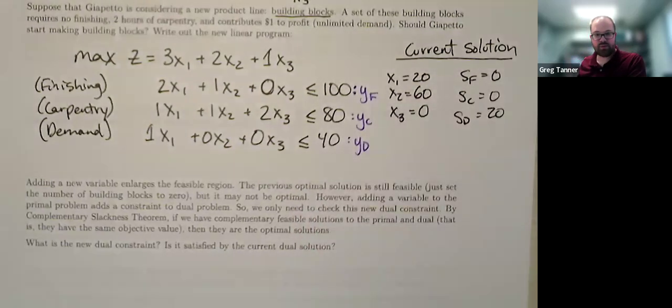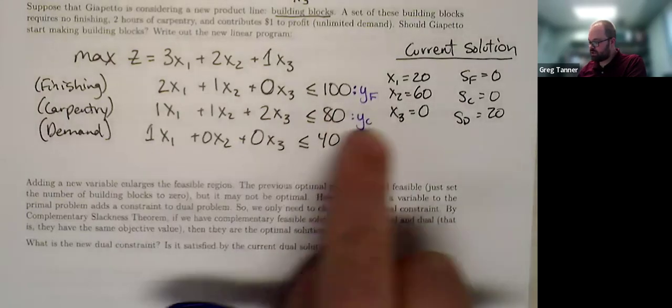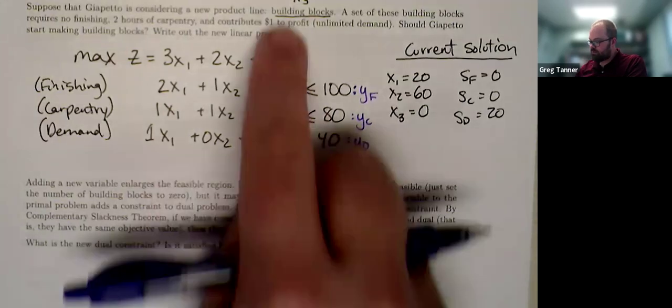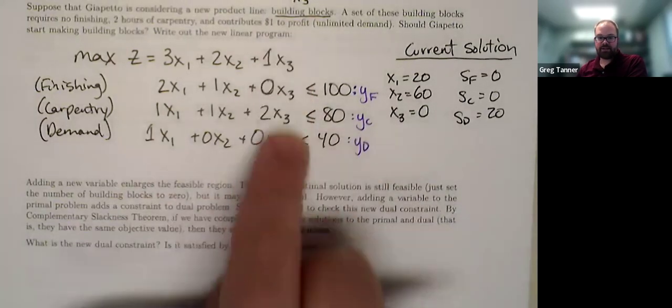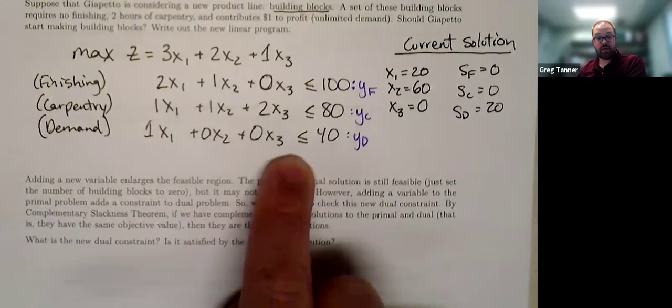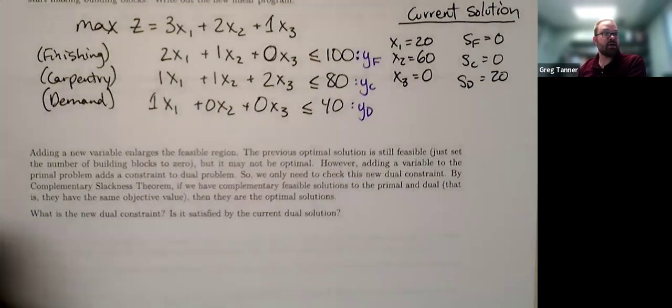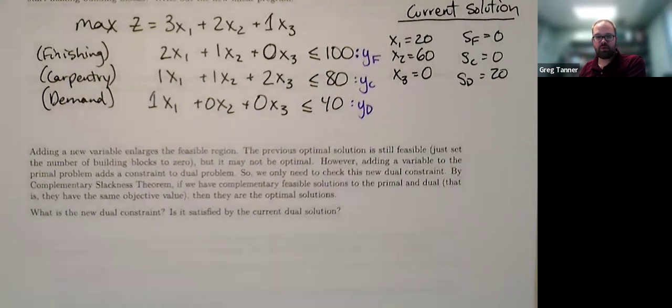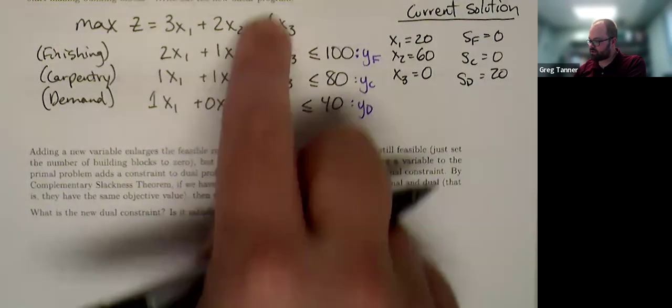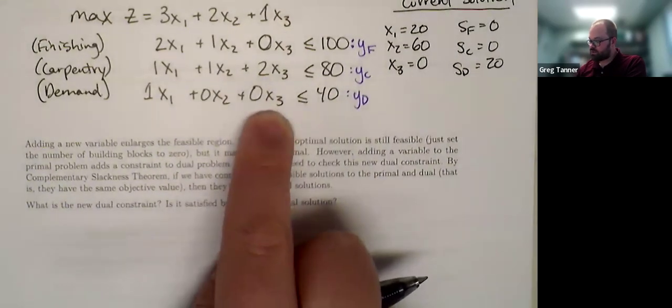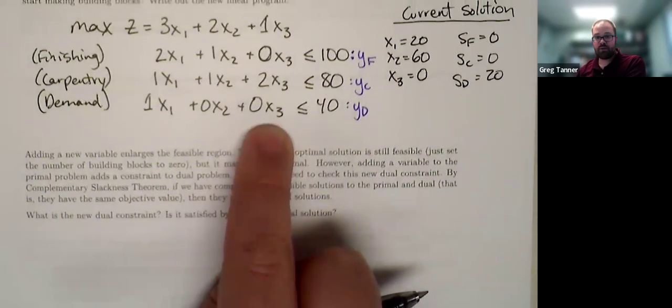Those are our 3 dual variables, and they correspond to each of the constraints in the primal problem. But we can think of this column for x3 as being a dual constraint. So let's write down what that new dual constraint is. We don't have to write out the full dual problem, but we just need to ask what constraint this corresponds to. The dual problem will be a minimization problem with greater than or equal to constraints.